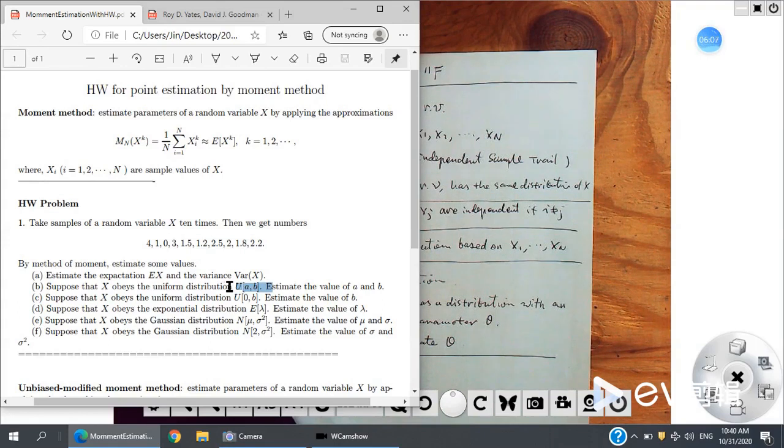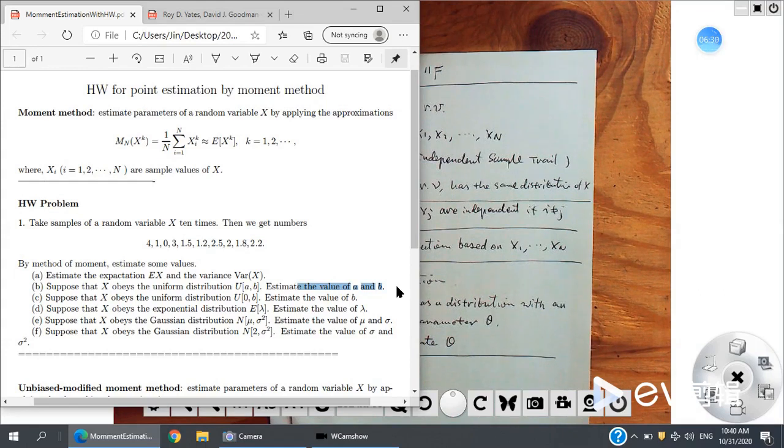But we still have something we do not know. This A and B we do not know. We want to estimate this A and B. So you know part of the distribution of X. You know it is a uniform, but the parameters you don't know.